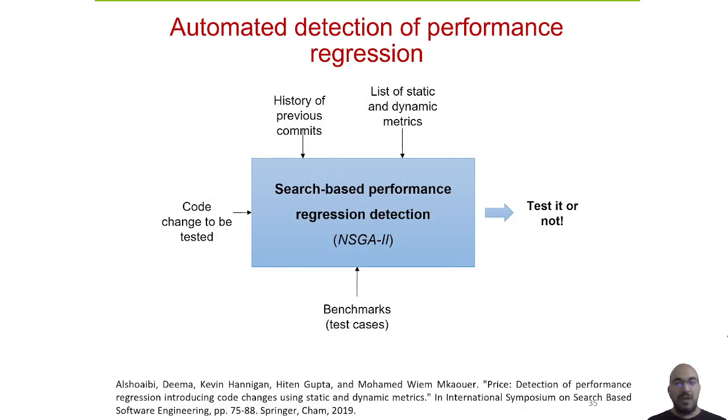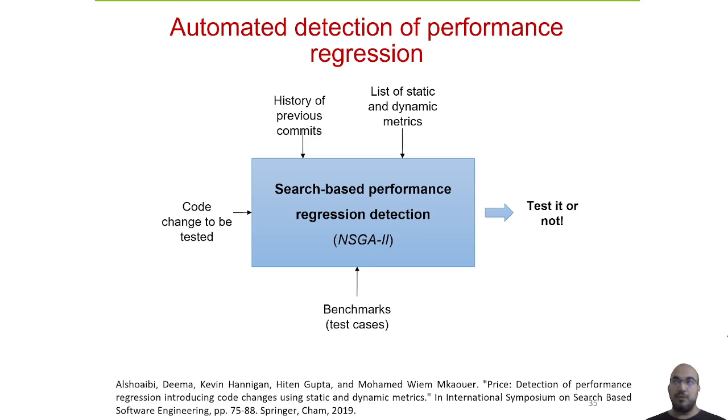What we have done, in a nutshell and in a black-box manner, is take as input the code that we want to test for performance. It's a code change that we don't know whether it's problematic or not. We feed it into a model that has already been designed and generated by NSGA-II in this case.